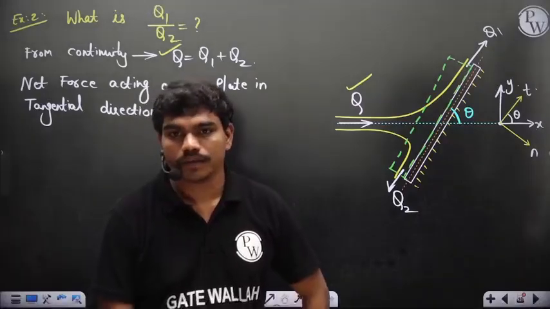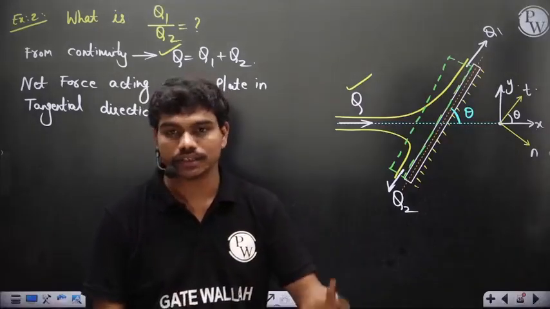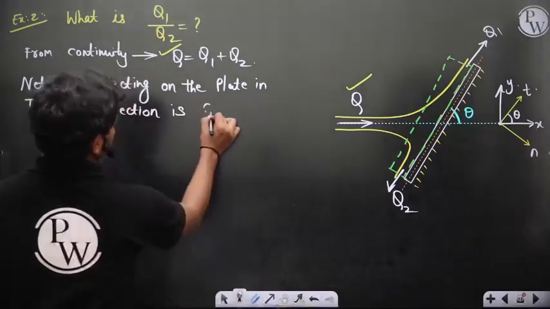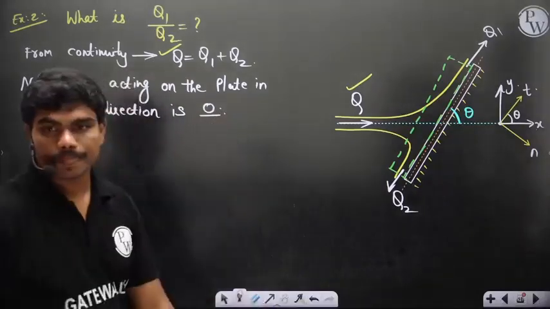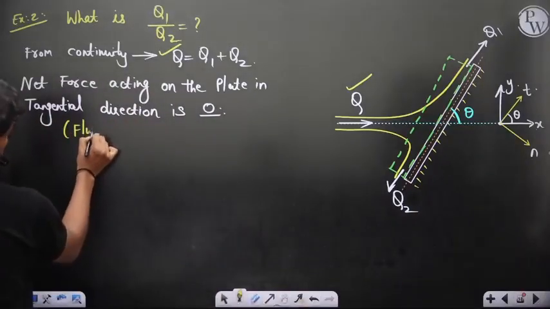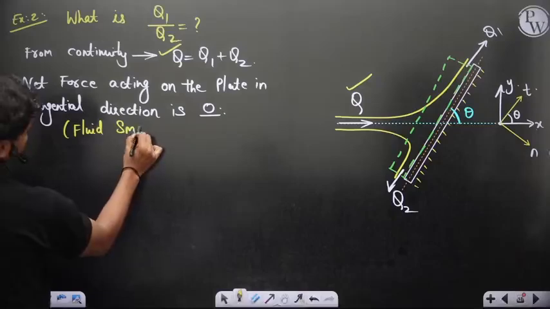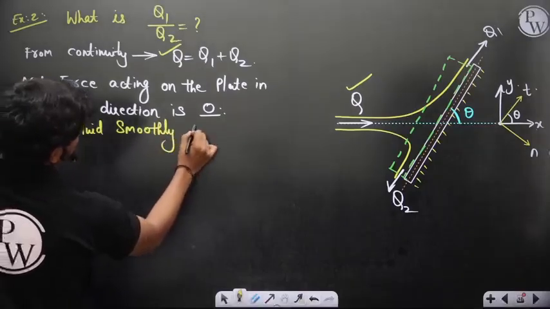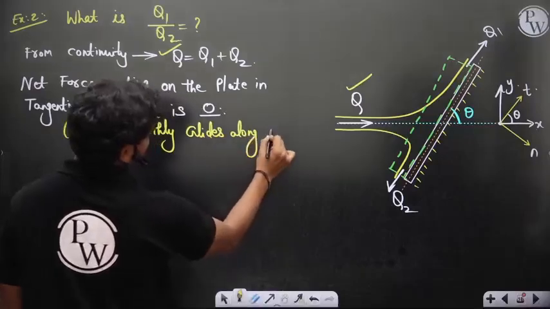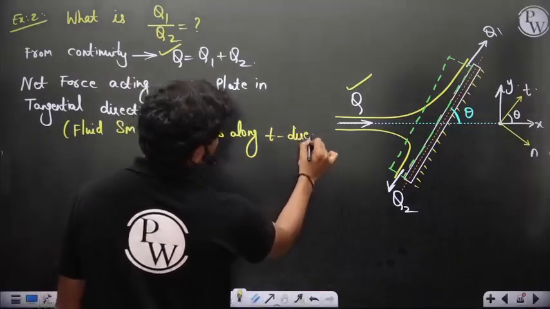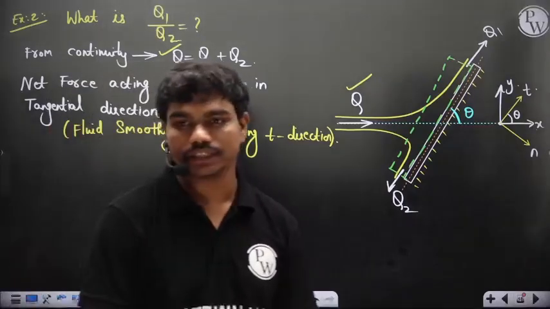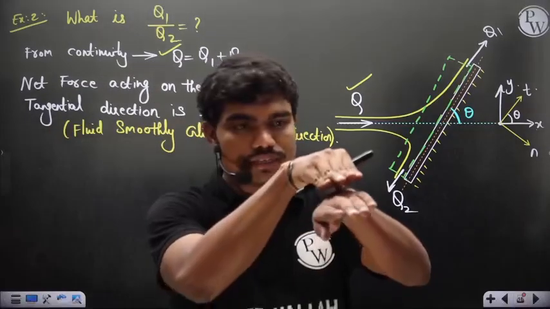Net force acting on the plate in the tangential direction is actually 0. The reason being, the fluid smoothly glides, no friction, nothing, along the t direction.